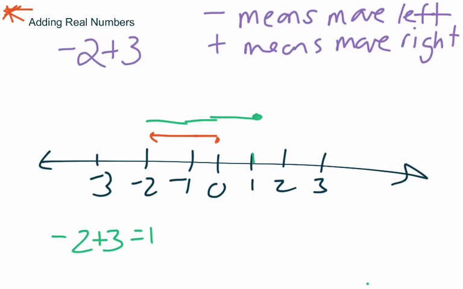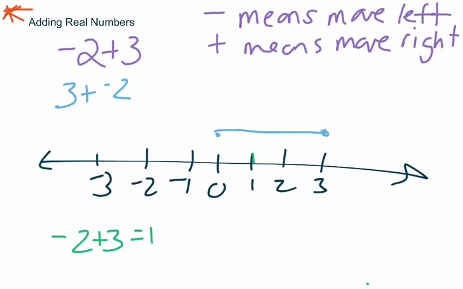Now, notice what happens if you change the order. I'm going to go ahead and erase that. So what if we had 3 plus -2? How would that change the problem? Or would it change the problem? So we would start at 0, and we would go to the right 3. So 1, 2, 3. And that puts us at the 3.